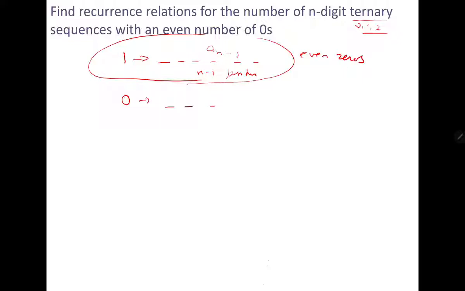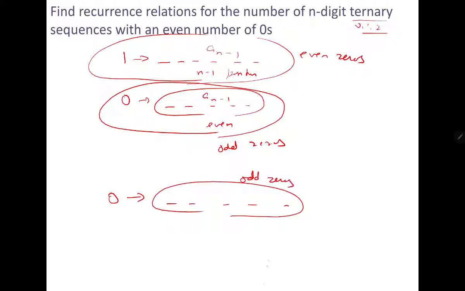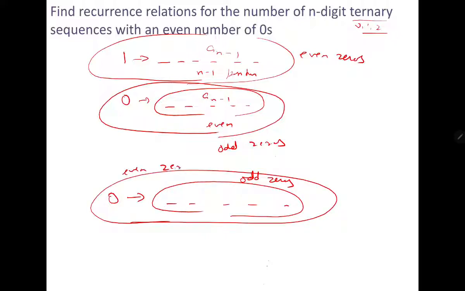In case of 0, if you choose a n minus 1, then this has even zeros, and overall it becomes odd zeros, which we do not require. It means the better option is that here I should take odd zeros so that overall I have even zeros. So this is the better choice.